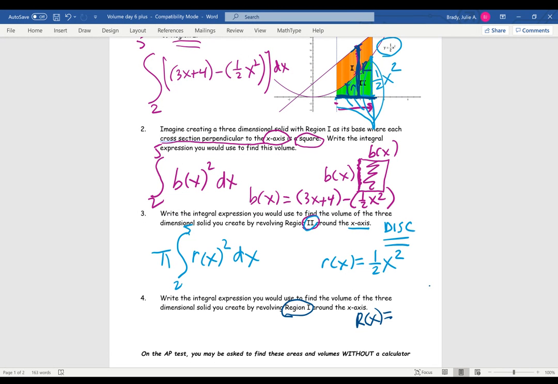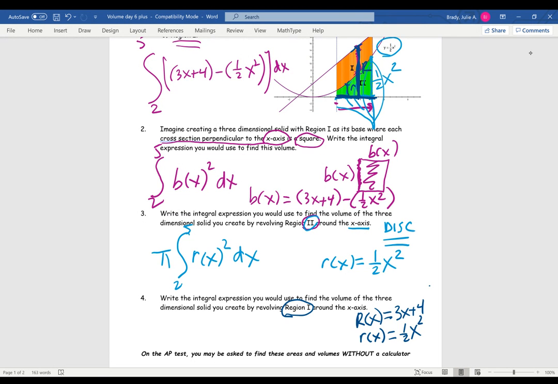So the top function is the line for big R, so it's 3x plus 4, and then the little r would be that parabola down to the x-axis, so it's just the rule for the parabola.